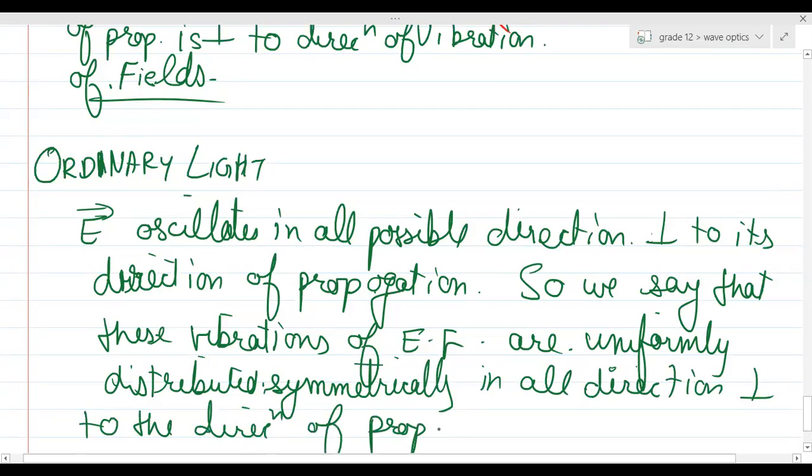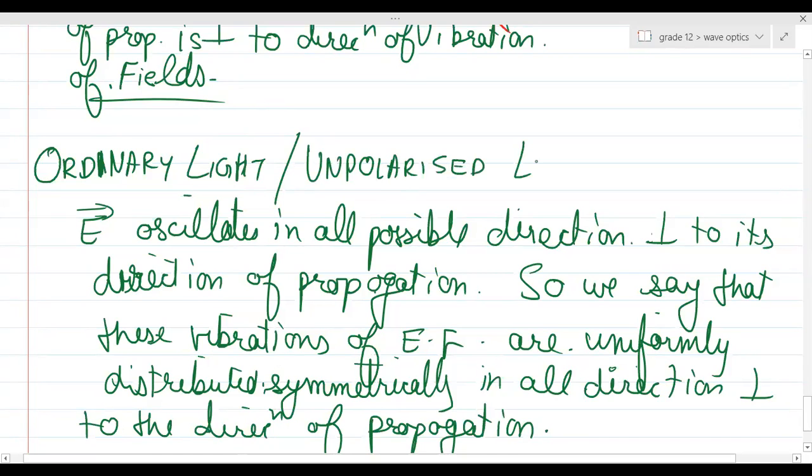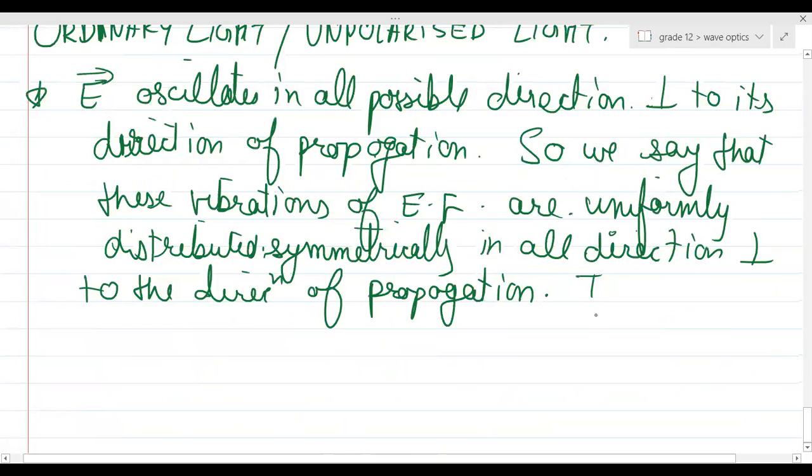This type of light is basically called ordinary light, or an unpolarized light. Is it clear, guys? Shall I write that this light is called unpolarized? Okay?